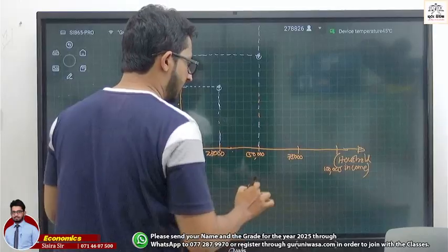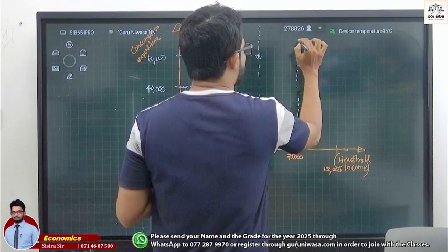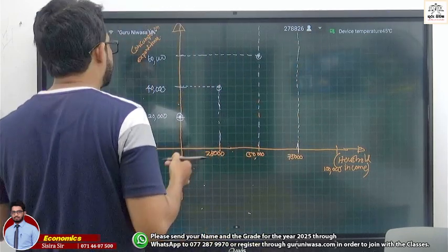Lamai, mark the other points as well. When income is 75,000, consumption expenditure is, I don't know how much it is, 80,000.